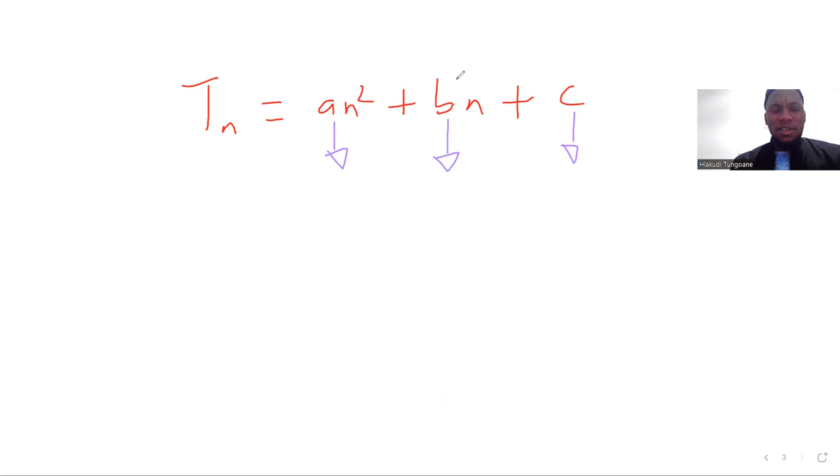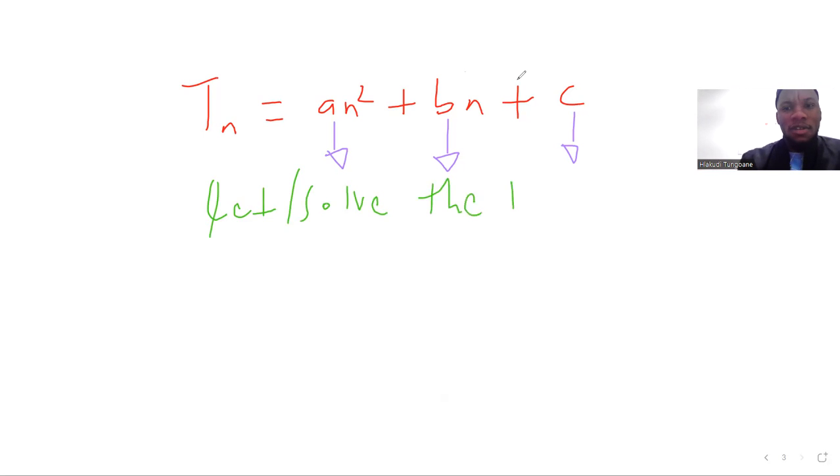There are 3 equations that we need to solve to determine the values for A, B, and C. I'm going to write the formulas down, and then we'll apply them to the sequence I shared with you at the start. So to get A, we have to solve the following.